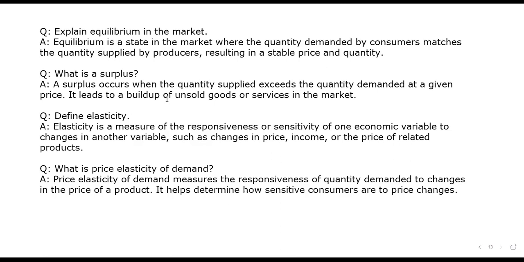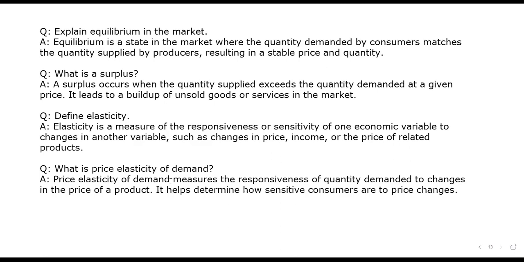What is a surplus? A surplus simply occurs when quantity supplied exceeds quantity demanded at a given time. It leads to a buildup of unsold goods and services in the market. So what is elasticity? It is simply the measure of responsiveness or sensitivity of one economic variable to another, such as changes in price, income, and other related goods.